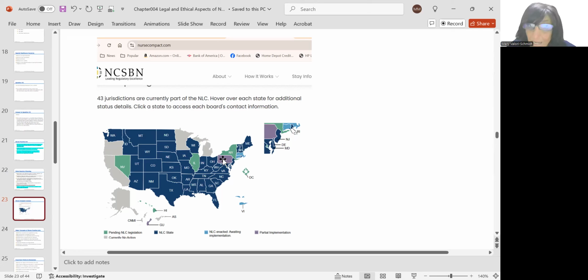For example, Pennsylvania, New York is pending their legislation. Rhode Island and Connecticut, it's been enacted, but it's not implemented yet. So right now, in that navy blue area, those 43 states, you get a multi-state license in Jersey, you can practice in any of those 43 states.